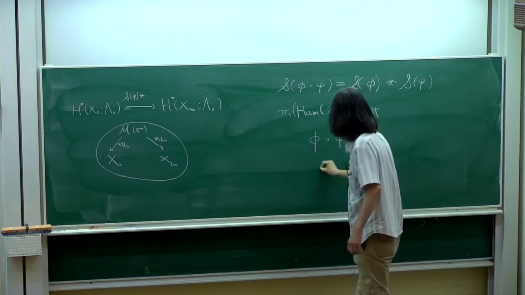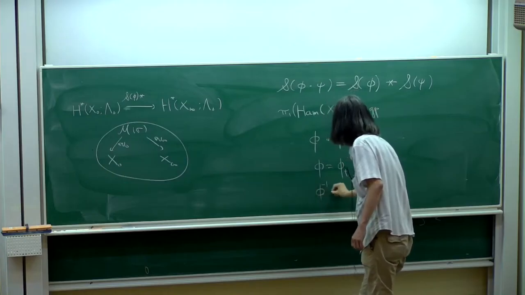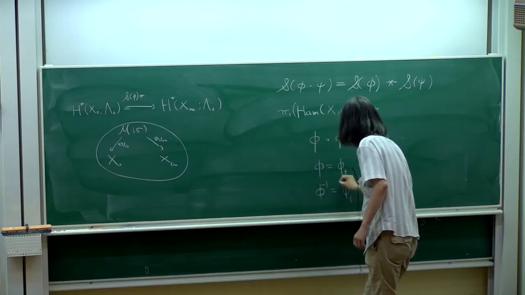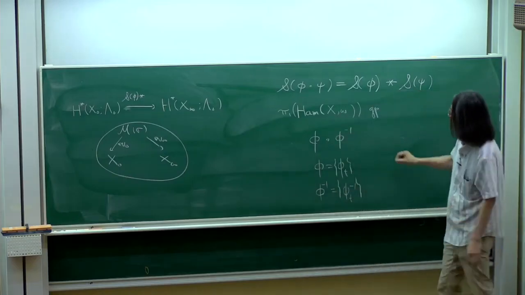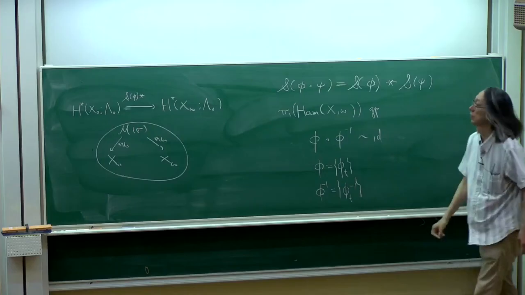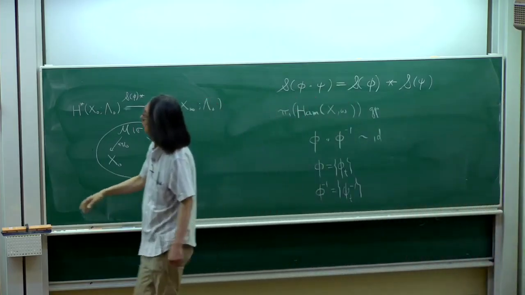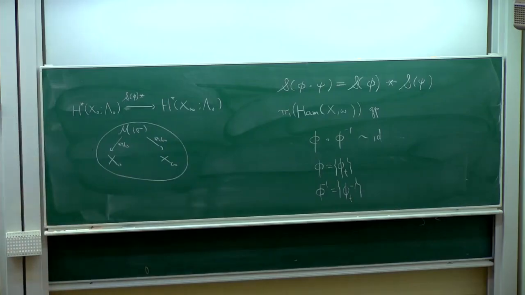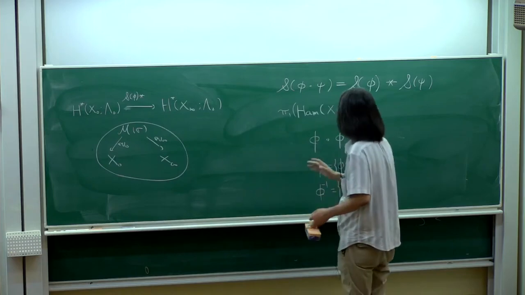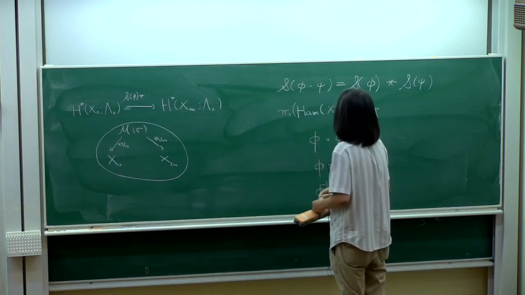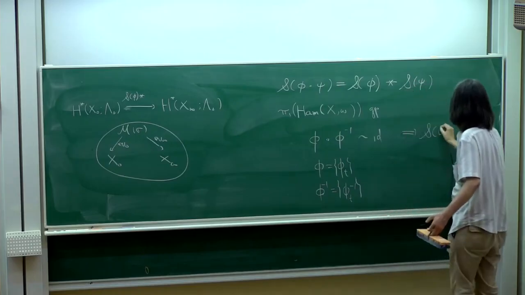Maybe phi is equal to phi t, and then phi inverse may be equal to phi t inverse or something, yeah? And then if we apply them, then actually this is the identity. And for the identity, we have only trivial ones. So therefore, in this way, you have an invertible element. So from here we can say that this S of phi is actually invertible.